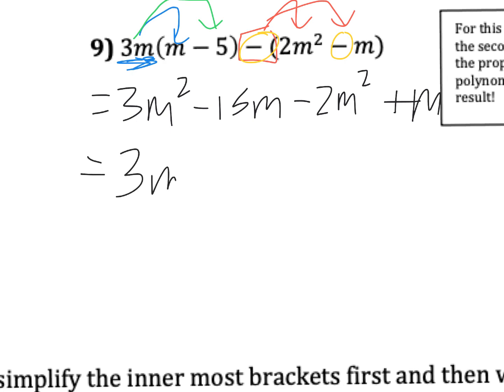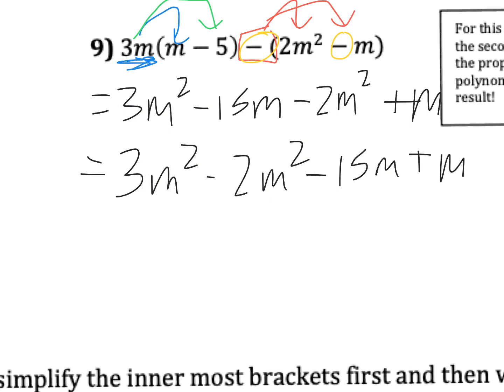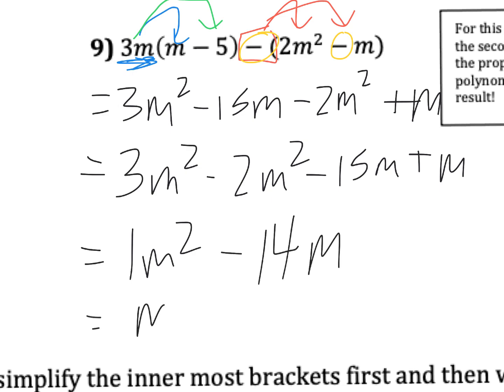So I know 3m squared minus 2m squared are like terms, minus 15m plus m. All right, let's collect. What's 3m squared minus 2m squared? It's 1m squared. And negative 15m plus m, you owe $15 and you earn $1. It's negative 14m. And if you want to write it really great, you would write it like that as your final simplified answer.